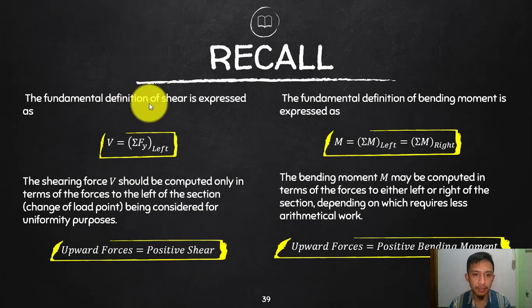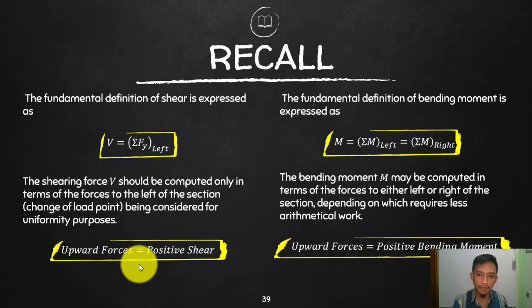So, recall that the shear is the summation of vertical forces, and we will be using the sign convention. As I've said, you can consider the left or the right part of the figure or the section, but we will try to stick to the left side, so that we will only be using one sign convention.